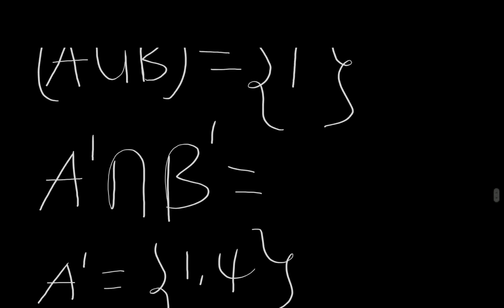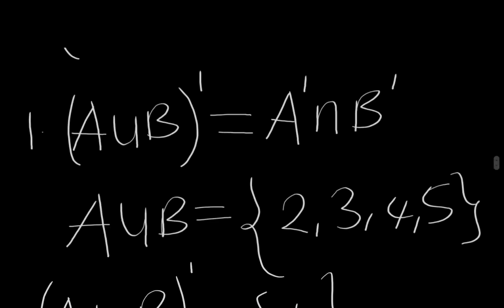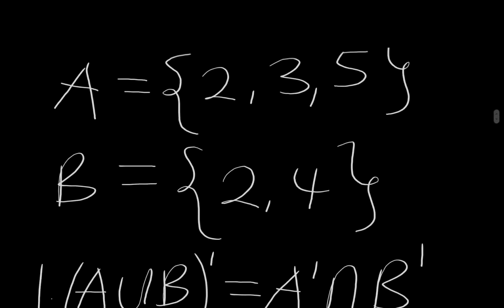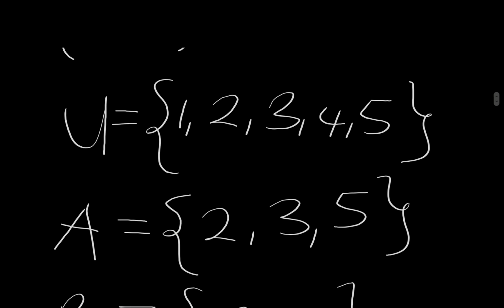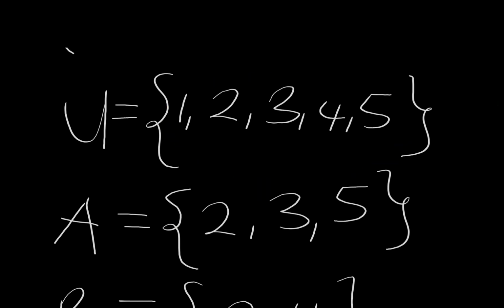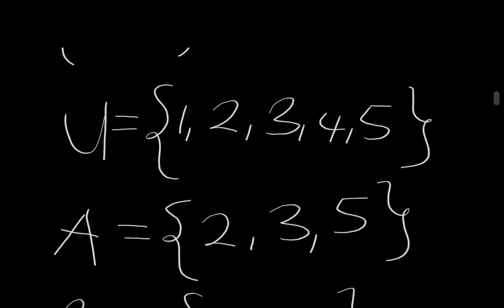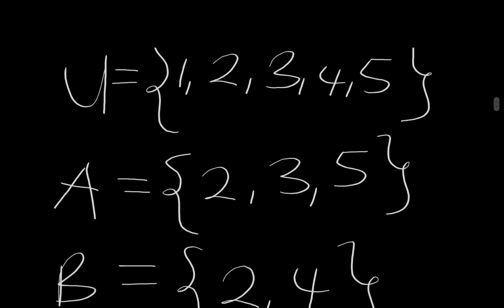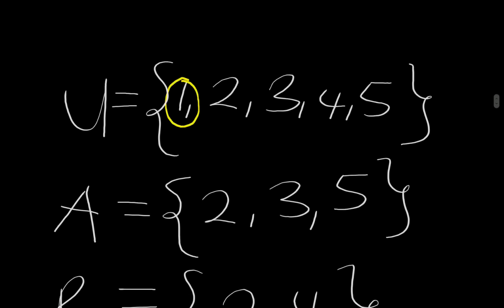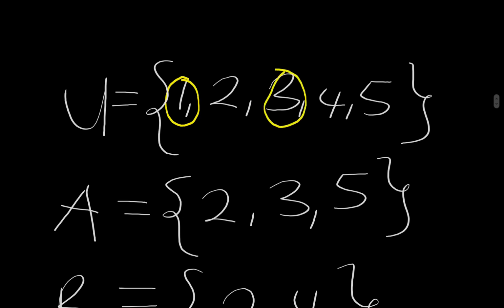Good. Let's now find B'. B' also means that all the elements that can be found in the universal set but cannot be found in set B, those elements are what we are referring to as B'. So clearly, the elements are 1, 3, and 5.